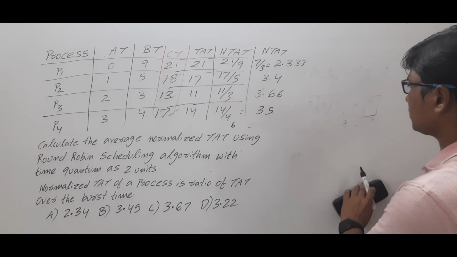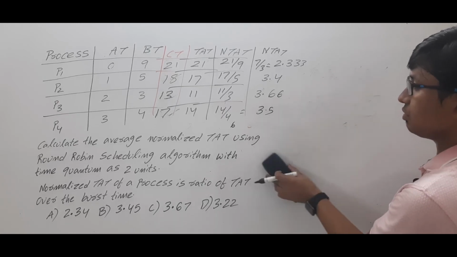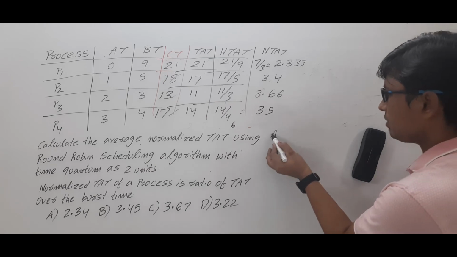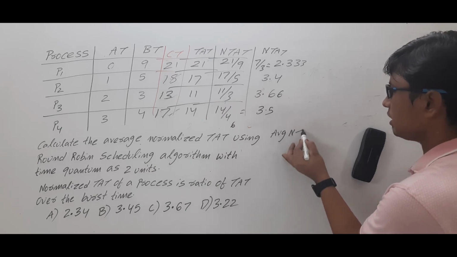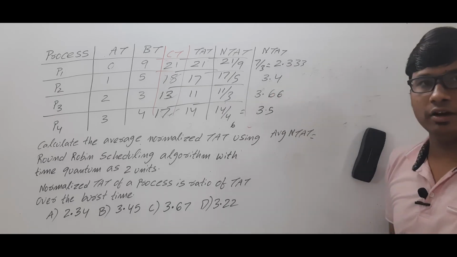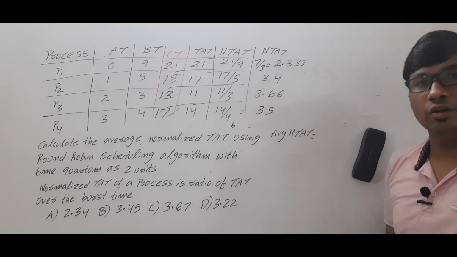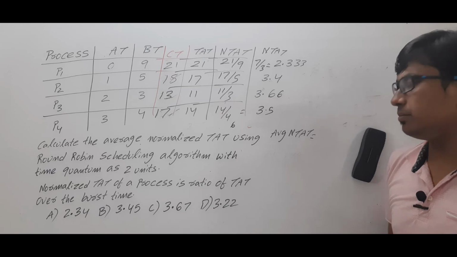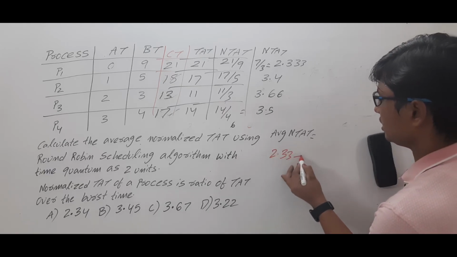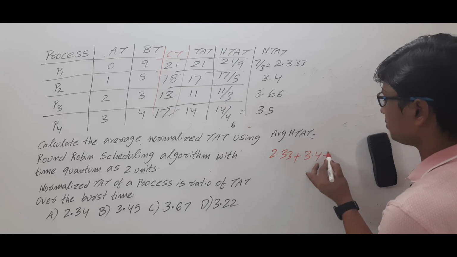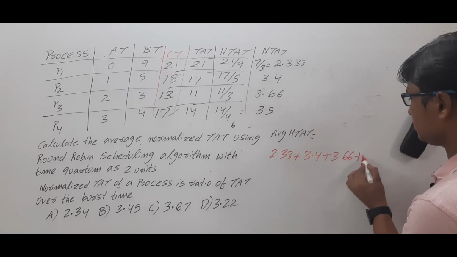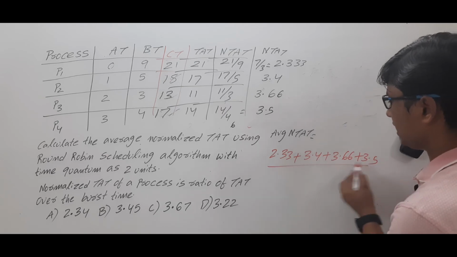Now we need to compute the average normalized turnaround time. The average normalized turnaround time is the sum of the normalized turnaround times of all four processes divided by the number of processes, which is 2.33 plus 3.4 plus 3.66 plus 3.5 divided by 4.